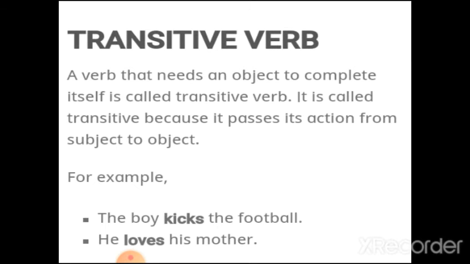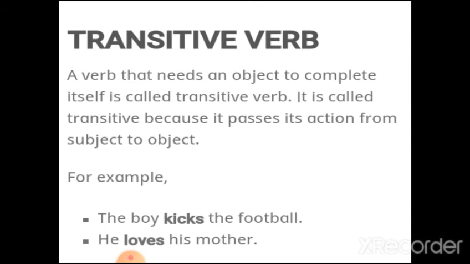First, let us see what is a transitive verb. A verb that needs an object to complete itself is called a transitive verb. Transitive verb means the verb which needs the object to complete the sentence.